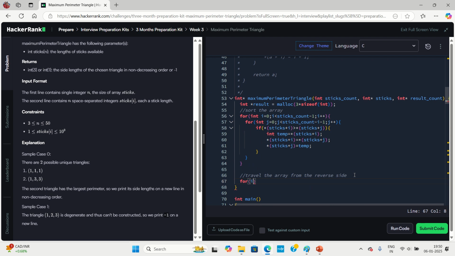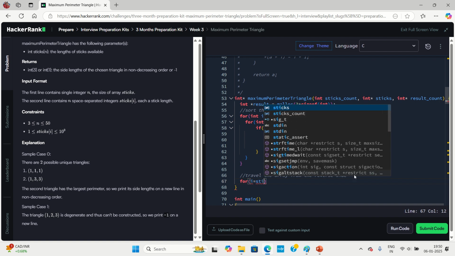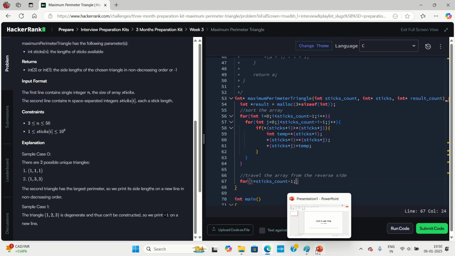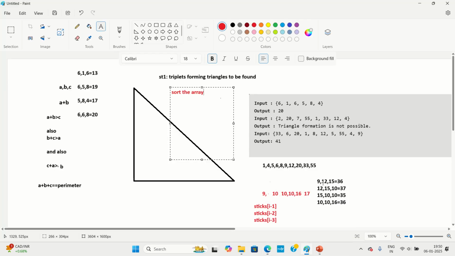So from the reverse side means from I is equal to sticks count minus 1. Now up to where will I be traveling? It is quite possible that the last element doesn't form a valid triangle. In that case, I need to travel till index 2. Because if I is equal to 0, then sticks of I minus 1 is minus 1, which is out of bound.